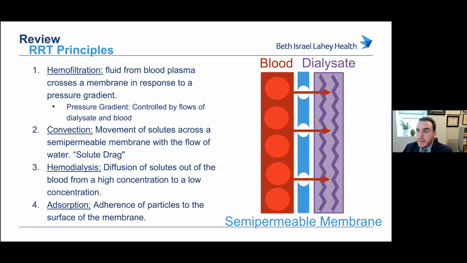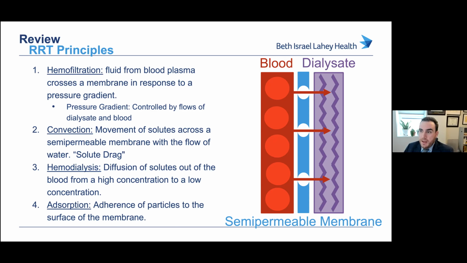You can set those concentrations in the dialysate to be what you want, and then you can choose to have the concentration of those particles from the blood go into the dialysate to make the patient a little bit more physiologically normal.